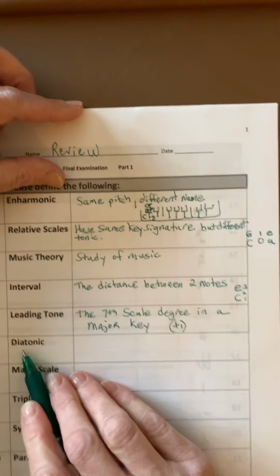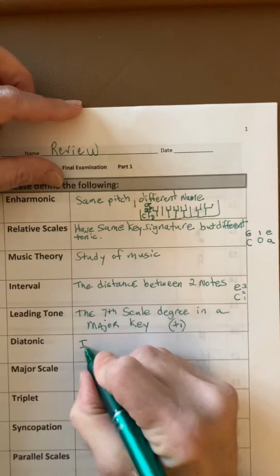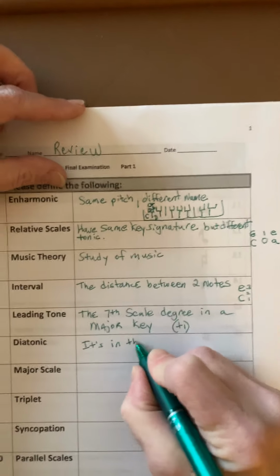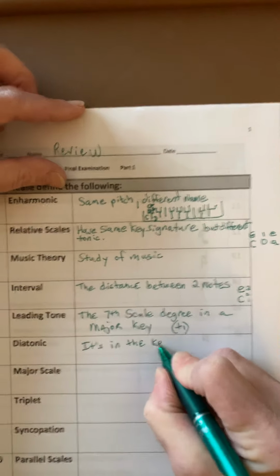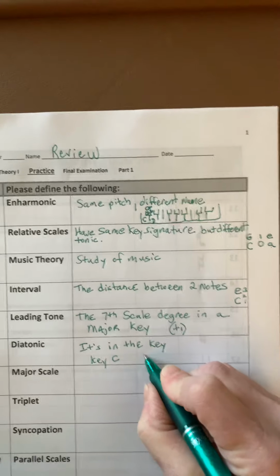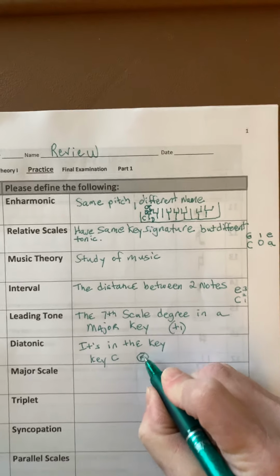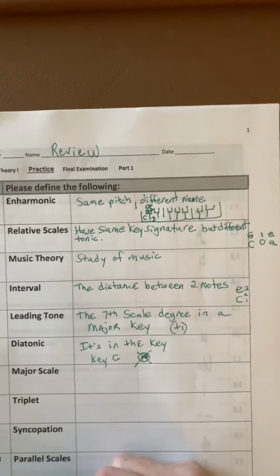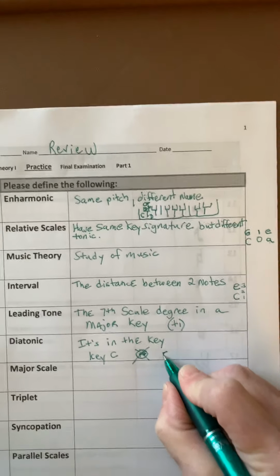Okay, so diatonic means it's in the key. Like take, for example, the key of C. Key of C does not have an F sharp. It's not in the key. It has an F natural.